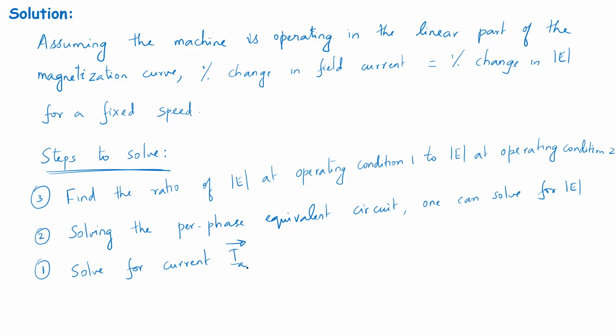In the first step, we can solve for armature current. In the second step, we can solve for excitation EMF value by applying KVL to the per phase equivalent circuit. And in the third step, we can determine the ratio of E at the 2 operating conditions specified in the problem, and that will give us the percentage change in the field current.